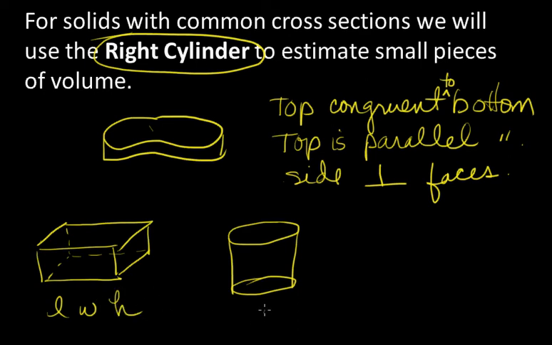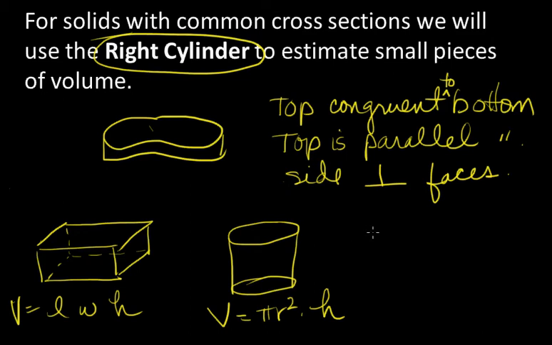And here it's pi r squared times height, the volume of a cylinder. This is the volume of a box, the volume of a cylinder. In general, if you just have the top exactly the same as the bottom, and one is right over the other, in other words, the sides are perpendicular, the volume in general is this.